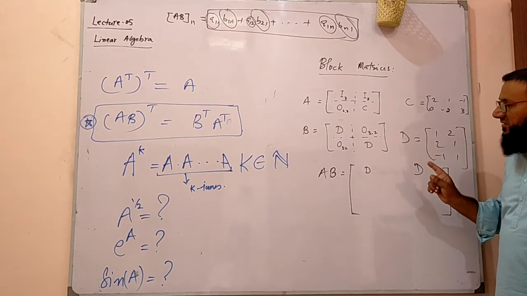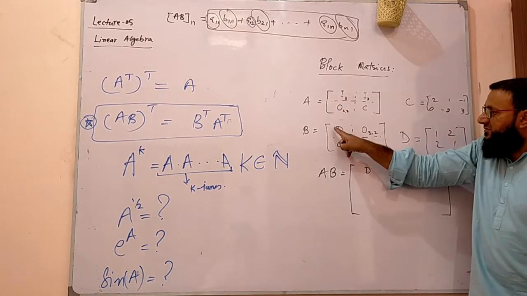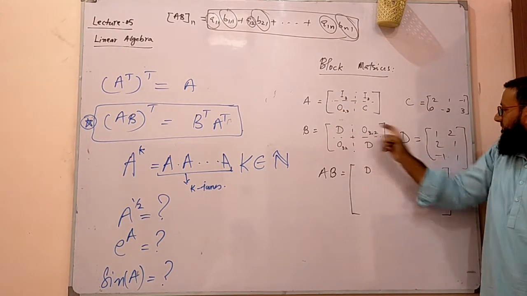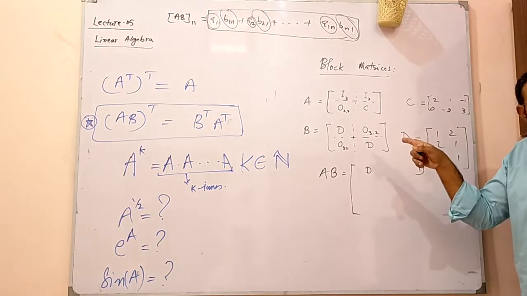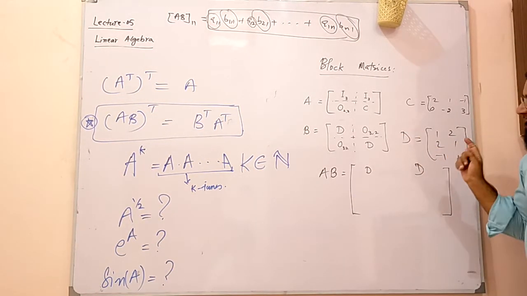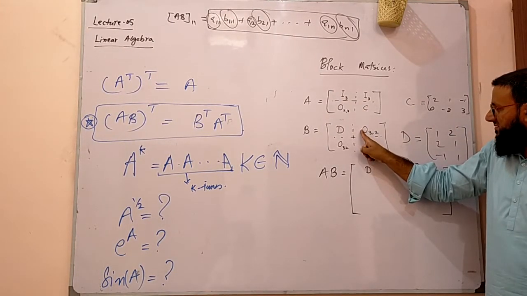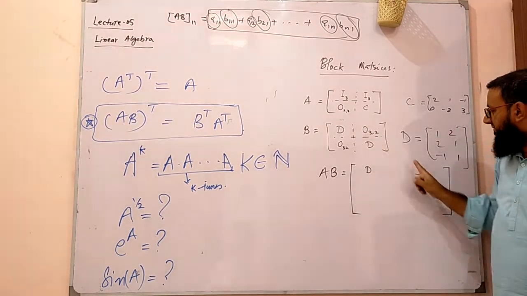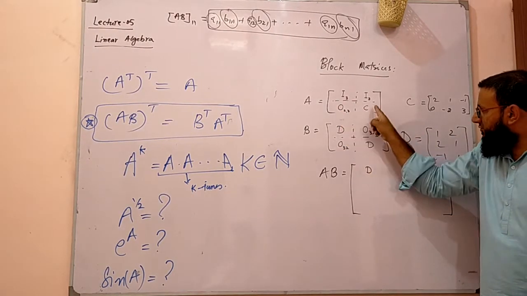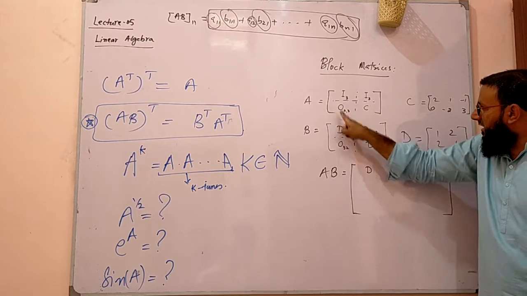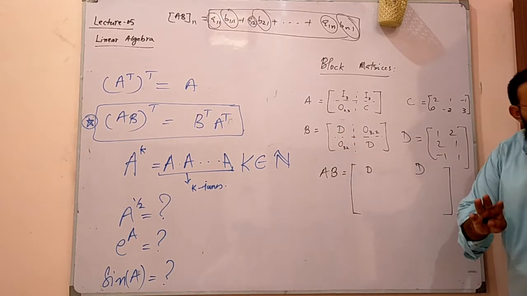But you have to see whether you can do it or not. Can you multiply identity with D? What is D? You can, because in identity there are 3 columns and in D there are 3 rows. So identity with D will give you D. Now the second, null with row, column. Null with D, null. C with null, null.